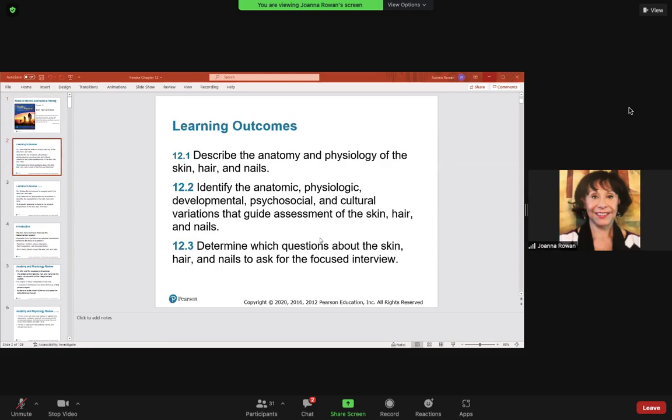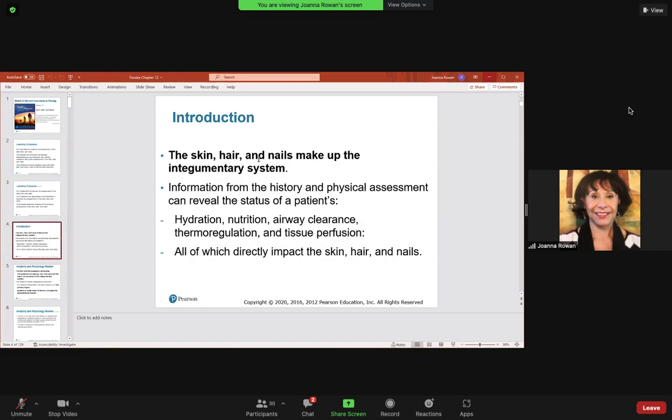So let's go to the next slide. Learning outcomes: describe the anatomy and physiology of the skin, hair, and nails. And we just go directly to the introduction. The skin, hair, and nails make up the integumentary system, and the integumentary system is what is considered the skin system.